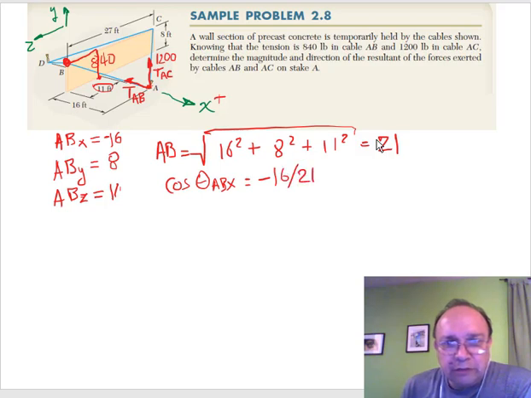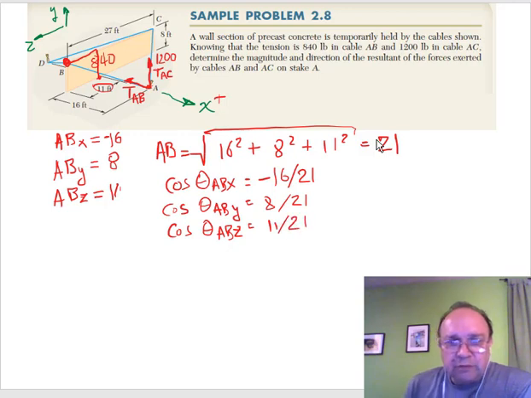The cosine of theta ABY will be 8 over 21, and the cosine of theta ABZ will be 11 over 21. We can leave it like that for now.